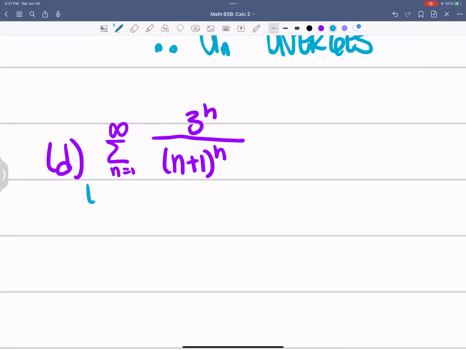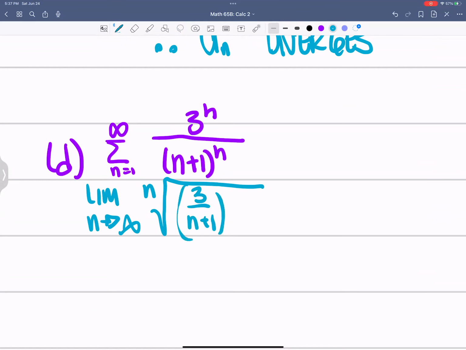So the root test tells us to take the limit as n approaches infinity of the nth root of a sub n. So we have 3 over n plus 1 to the power n. I just put it over 1, or within one variable.